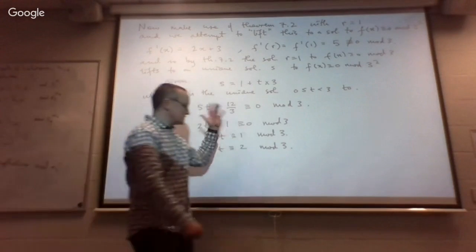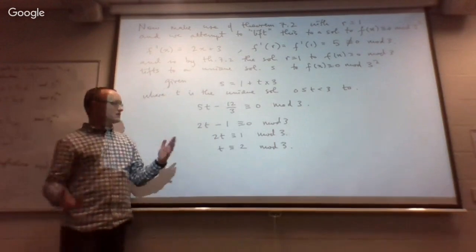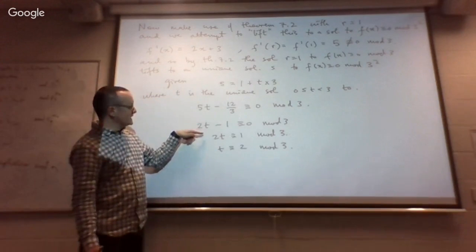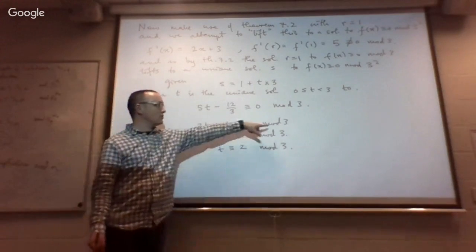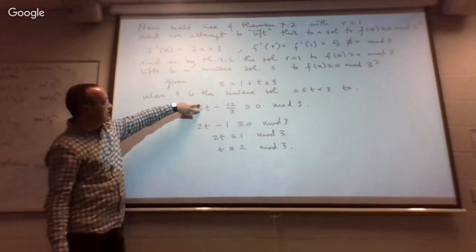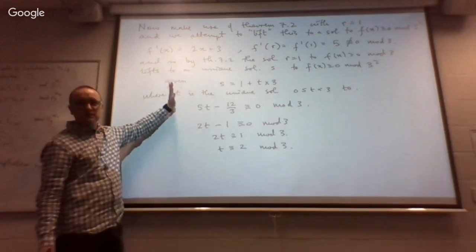Okay, we can solve that directly because it's modulo 3. There's only 3 things floating around, 0, 1, and 2. But in principle, the idea here is that the coefficient on t is going to be coprime to the modulus. Because the coefficient on t is the value of the derivative. We already know that's not congruent to 0 modulo p, so it is coprime.